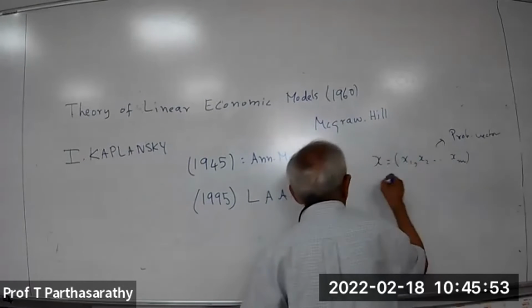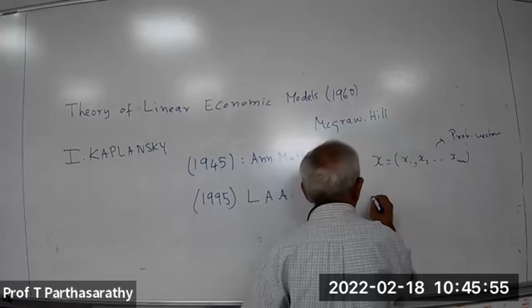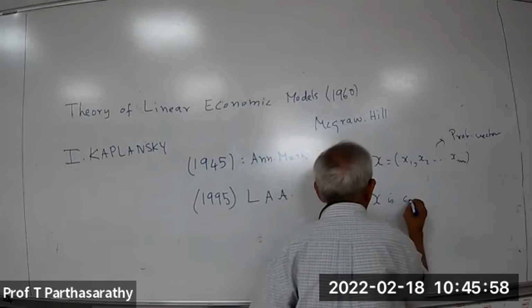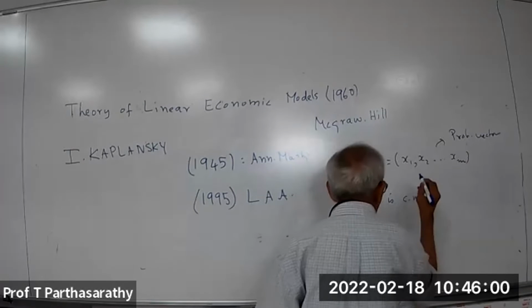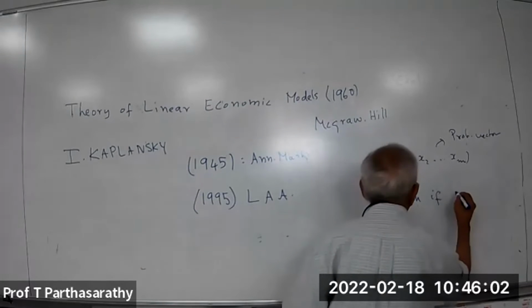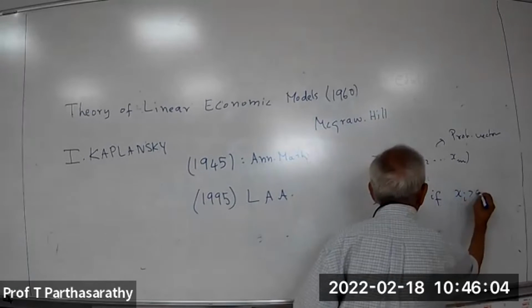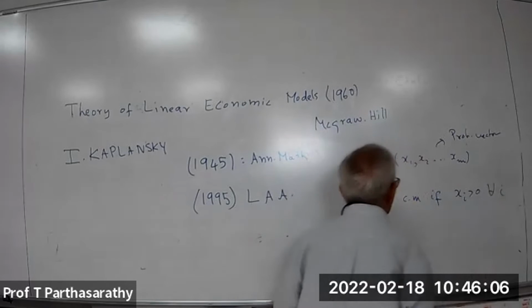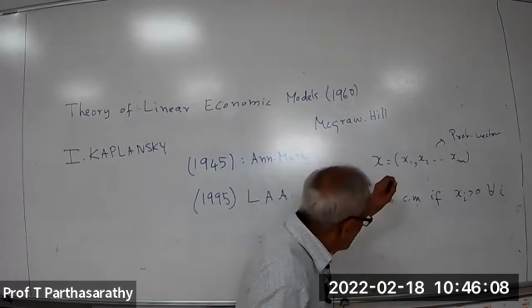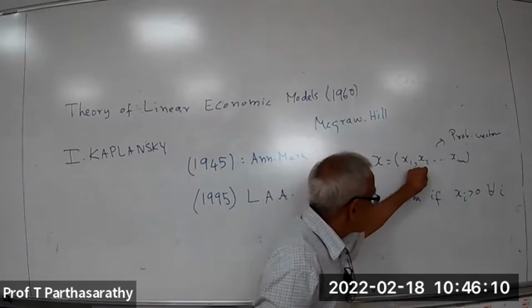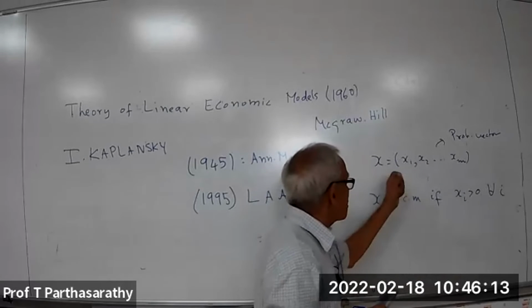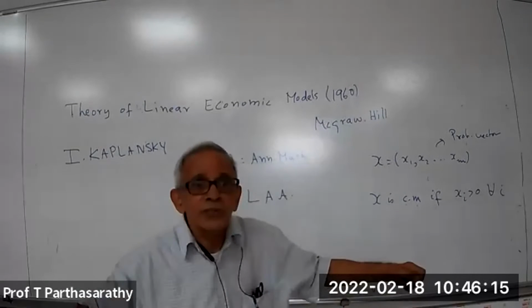I say x is completely mixed if all xi are positive. That means he chooses every pure strategy with positive probability. Such a strategy is called completely mixed.